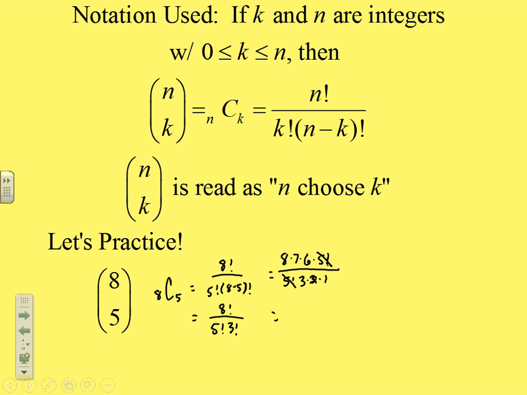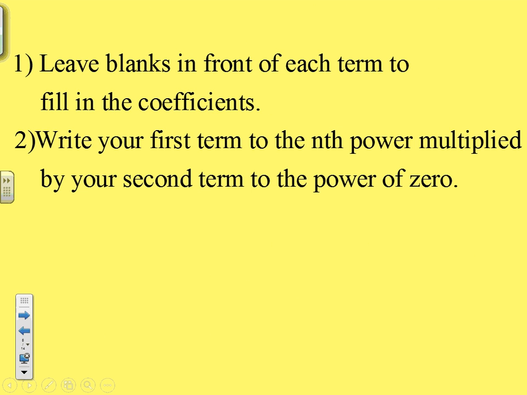So I will get 336 over 6, which means that that gives me 56 different combinations. Okay, and that's really, again, just a review of how you do the combinations formula, because we will use it when we're talking about, I'm sorry, not factorials, but the binomial theorem.